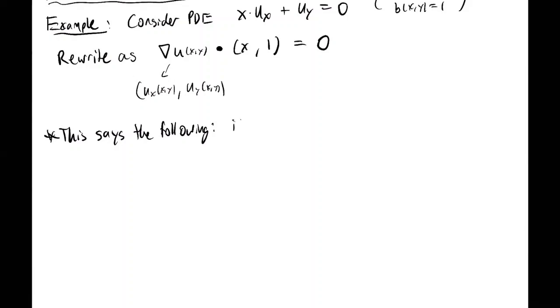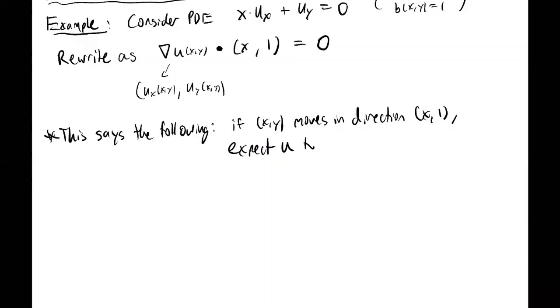So if the point x, y moves in the direction x comma 1, we expect the function not to change, or expect u to remain constant, right?